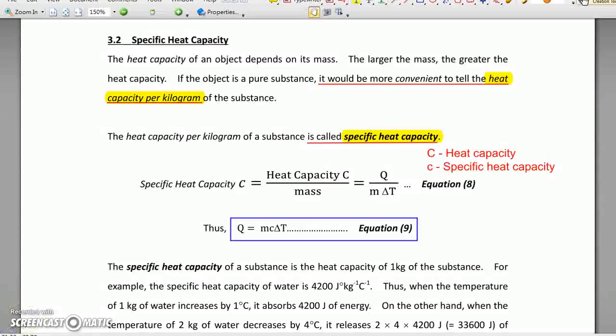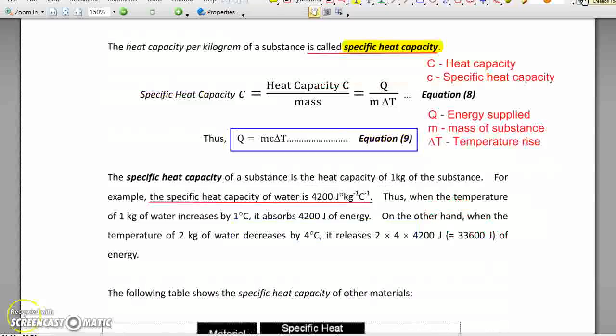So that you may use equation 9 quite often, in which Q is the energy supplied, m is the mass of substance, and delta T the temperature rise. And the small letter c is specific heat capacity. For example, the specific heat capacity of water is 4200 joules per kilogram per degree Celsius.